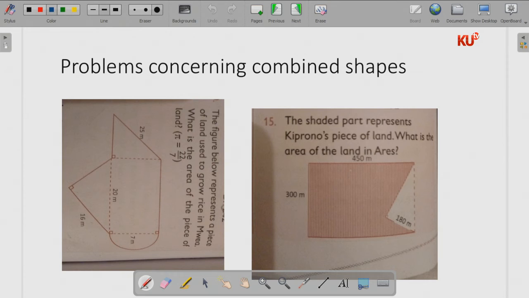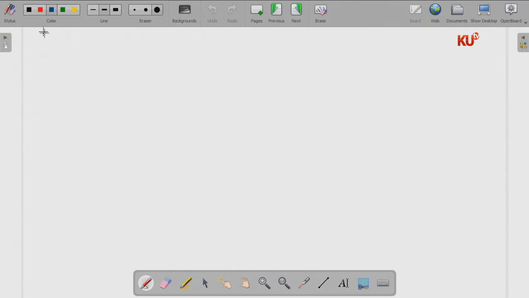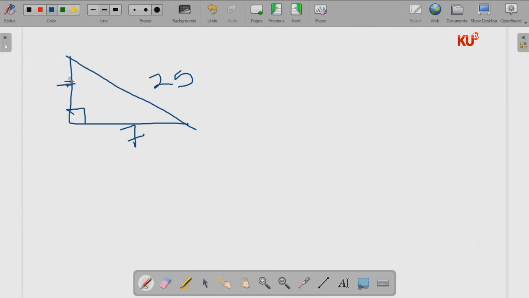This is what we do. If you have been given a figure like this, this is 25, this one is 7, this is the one missing. The one missing is the smaller side. So if this one is meter and this is meter, remember our formula, c square is equal to a square plus b square.